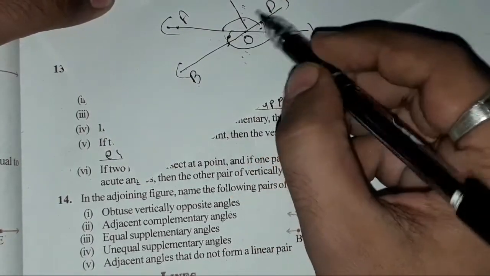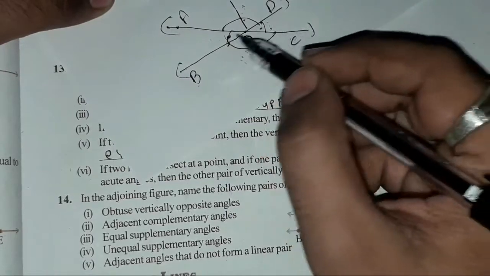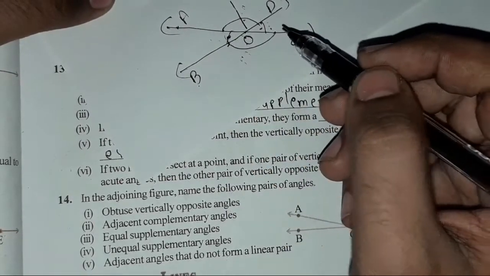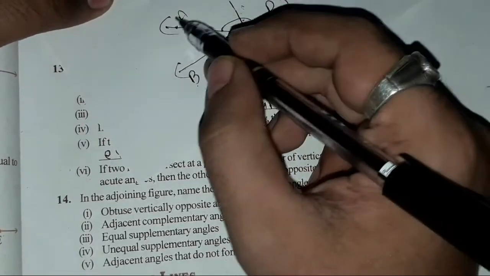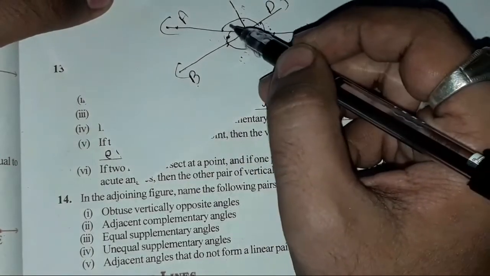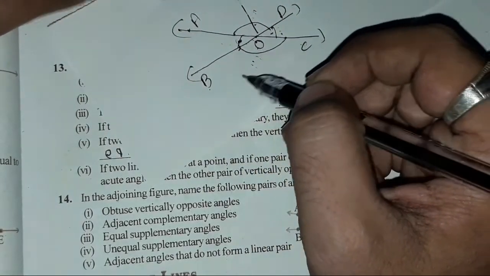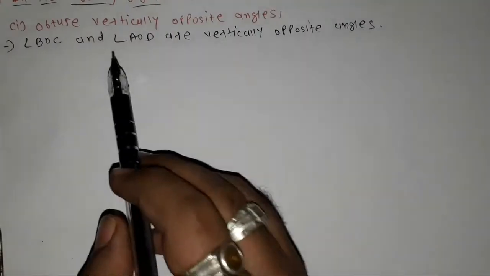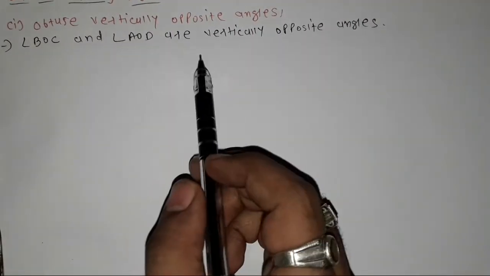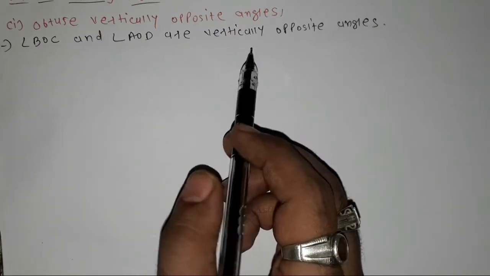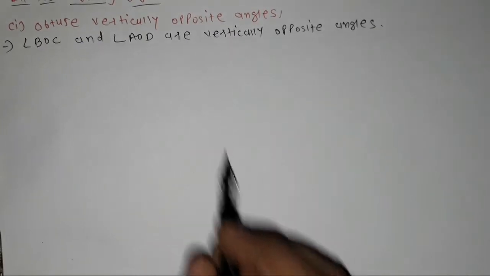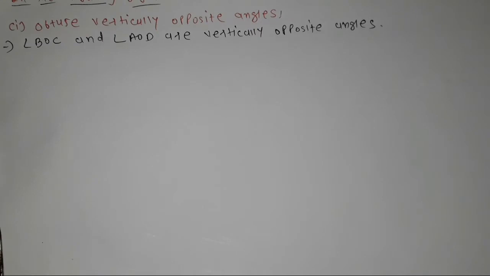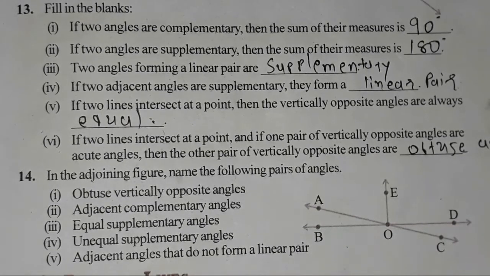So the vertically opposite angle for this one is angle BOC. So we may write angle AOD is an obtuse angle, and the vertically opposite angle to that one is BOC. So angle BOC and angle AOD are vertically opposite angles which are also obtuse angles.